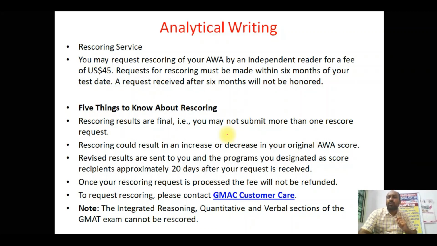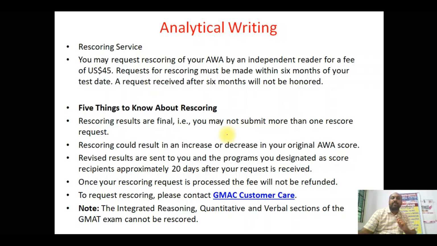If you don't want to write this session, you can take the best answers for an extra charge of $45. There is that option for AWA, analytical writing assessment. If you want to write, you can write. Otherwise, you can spend this $45 and buy the best answers for the given question.